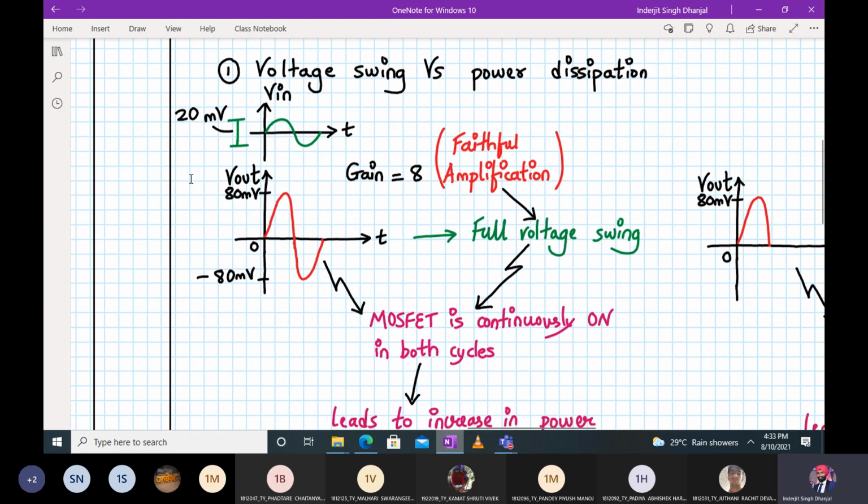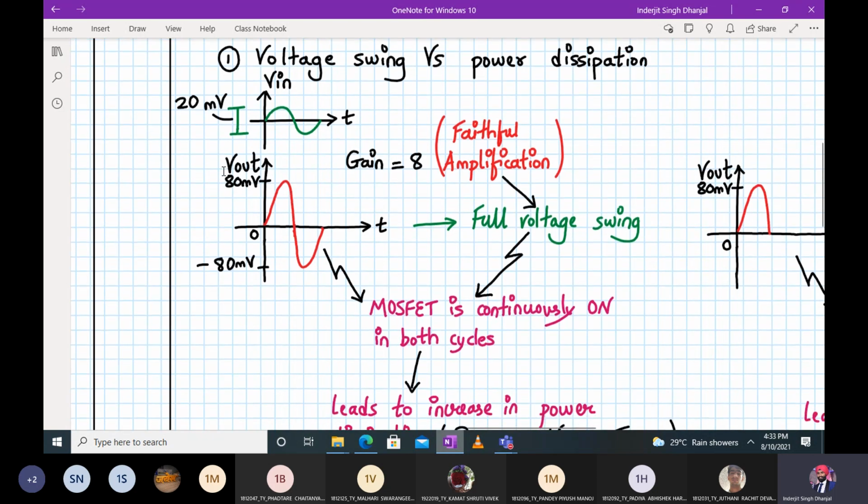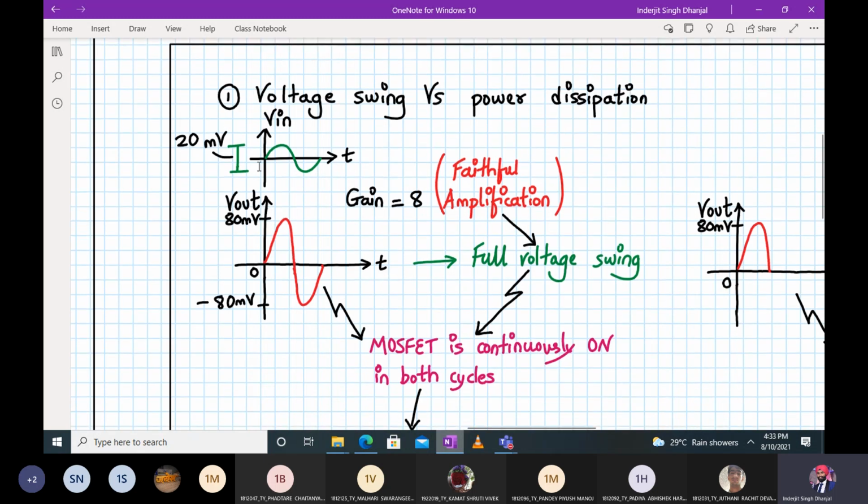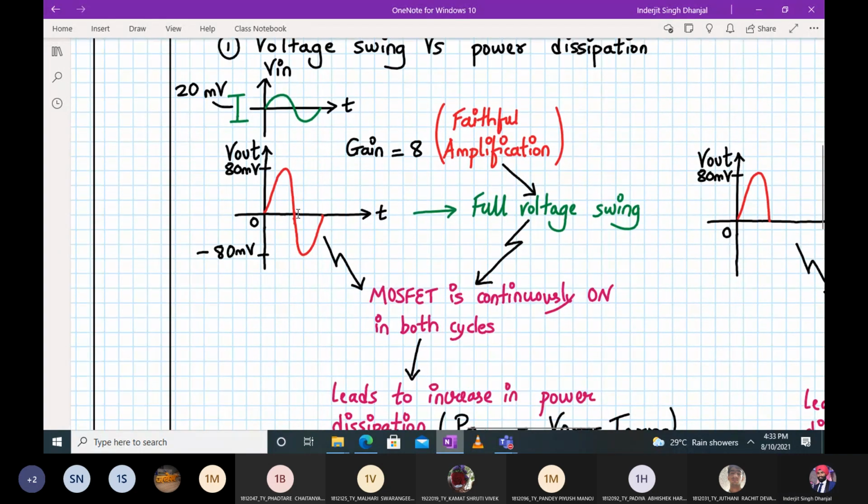So a gain of 8 will make it 80 millivolt, so the output will be at a peak to peak value of 160 millivolt. The input peak to peak value is 20 millivolt only. So here we have 160 millivolt and 20 millivolt with a gain of 8. For a faithful amplification, you should get a proper full swing at the output.